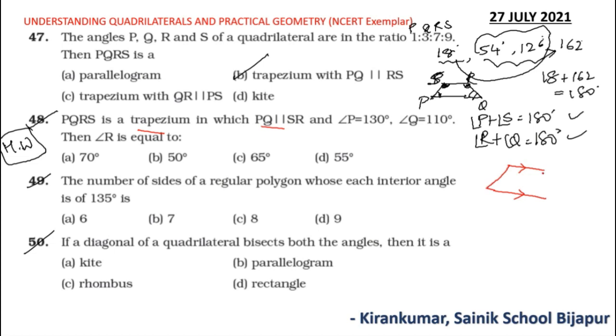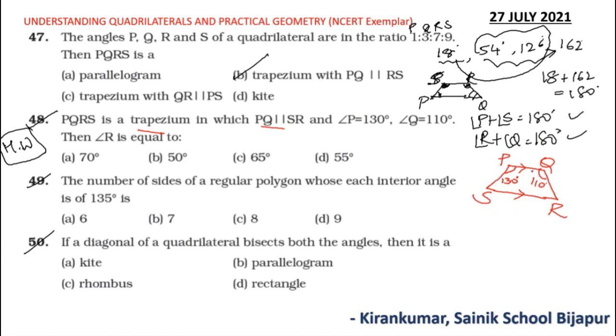For this trapezium, the side PQ is parallel to SR, and angle P is given as 130 degrees, angle Q is given as 110 degrees. We are asked to find the angle R.